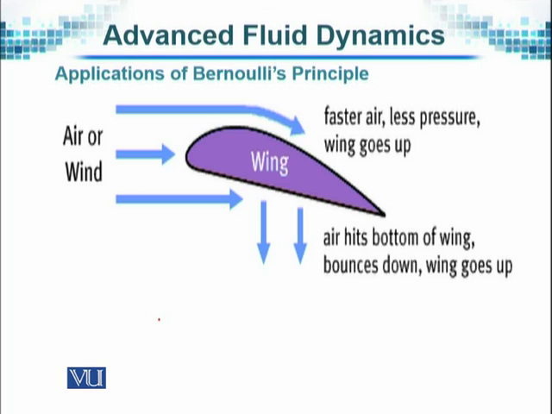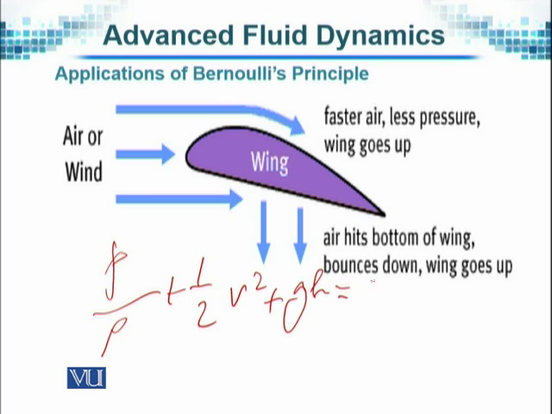Along a streamline, as we know, Bernoulli's equation has to be constant. Remember that. From that we have all the equations and implications. P over rho plus half V square plus GH is equal to constant. So this has to remain constant.